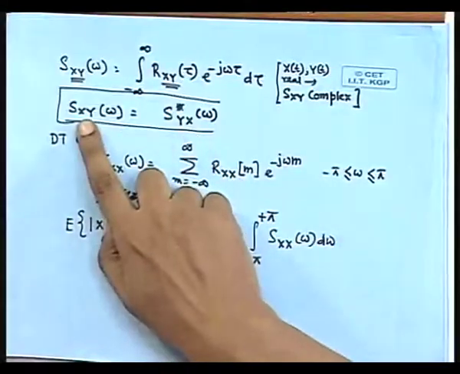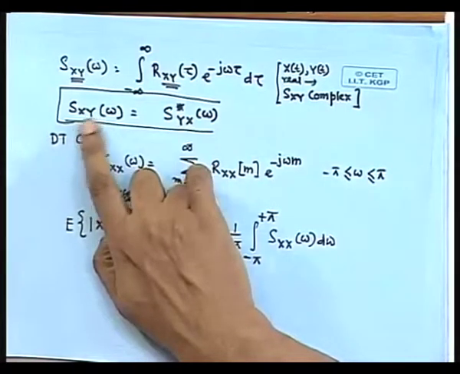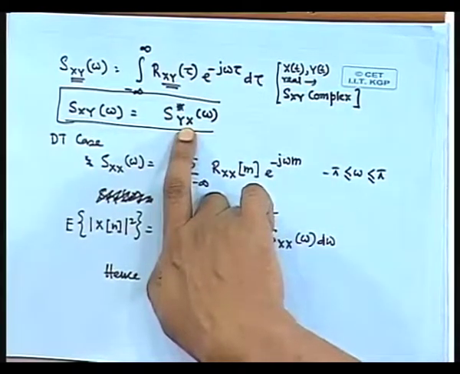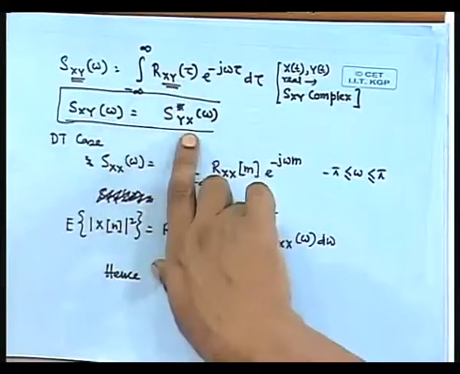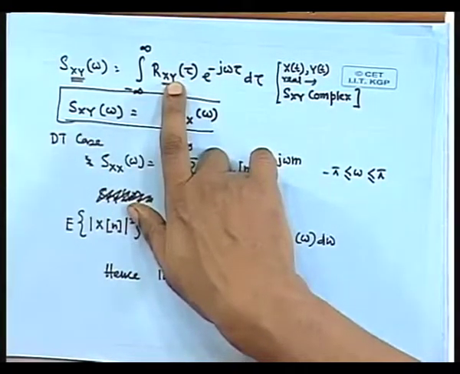And this you can easily find out that Sxy omega is equal to S star Yx omega. Why again? Because of the fact that if you go back to this definition, in case of yx, this will become Ryx, and remember that we had said that Ryx you will get from Rxx. Then you will have to convolve with h of m.